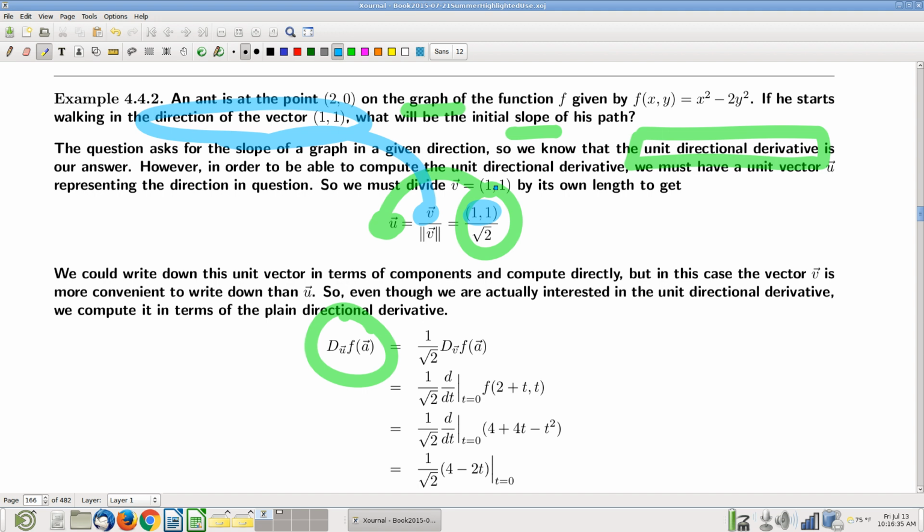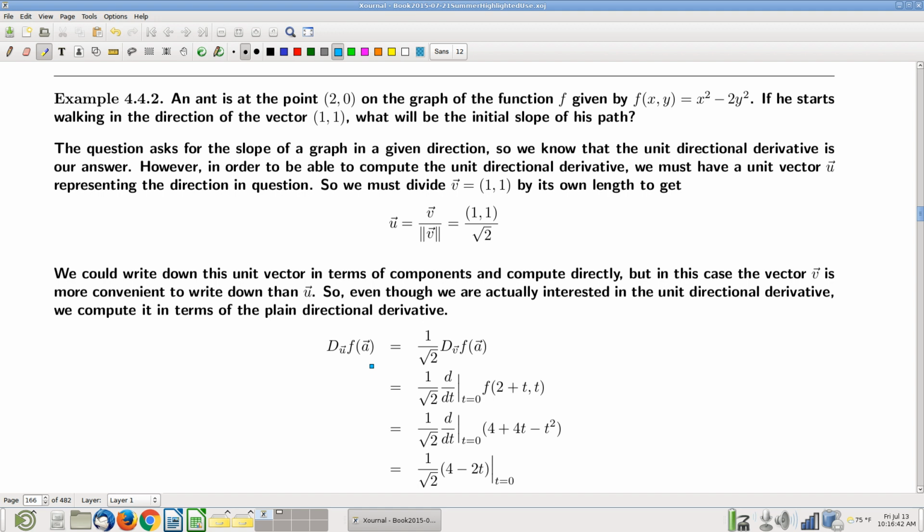That's inconvenient. But keep in mind, there's this factor out scalars feature of directional derivatives. So I can take this formula for u, that formula for u right there, and I can rewrite u as being this convenient vector v divided by its magnitude, right?